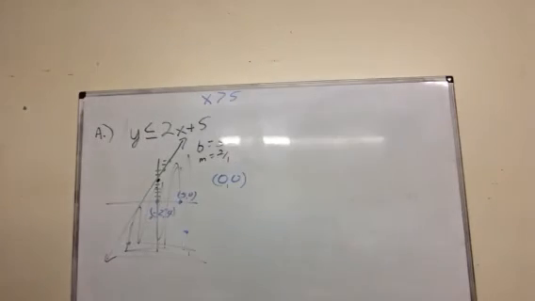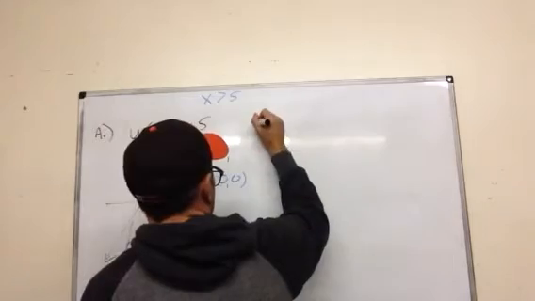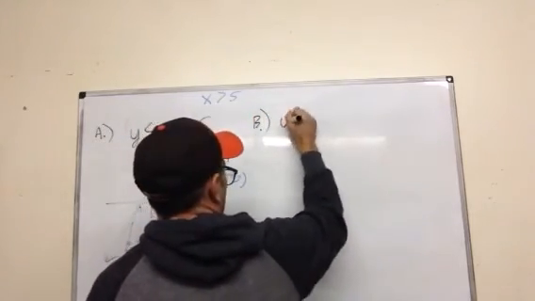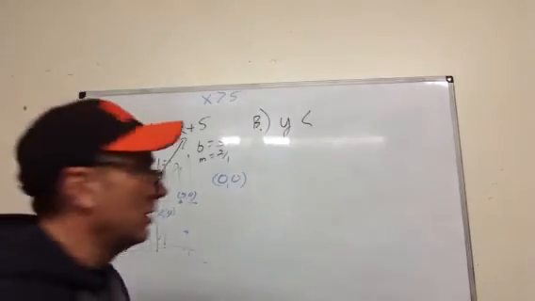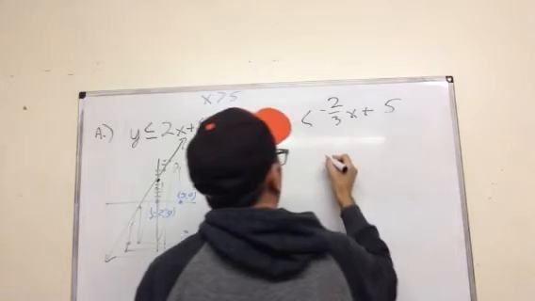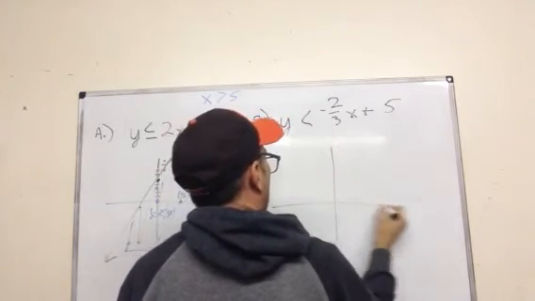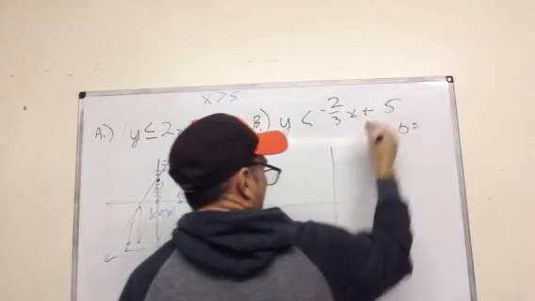Let's look at letter B. We have y less than -2/3 x plus 5. So again, we start with our y-intercept. Our b value is 5.